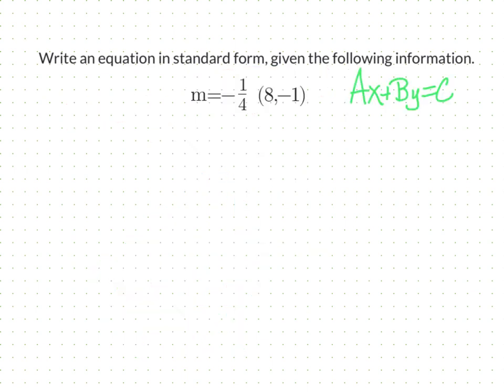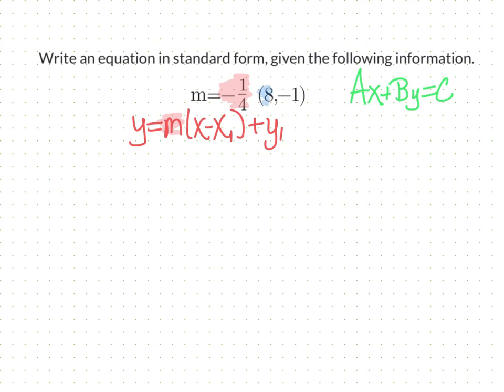All right, so this one, write an equation in standard form given the following information. So I have standard form over here on the right. This one they're given a slope and point. So we have to use point-slope form, which is y equals m times (x minus x sub 1) plus y sub 1. Okay, so we're going to plug in our information. So here's my slope, so that's going to go in there.